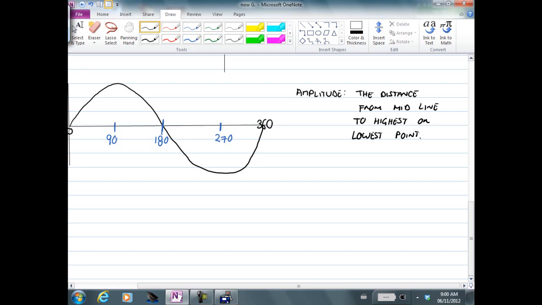Okay. The distance from the midline to highest or lowest point. The key thing, amplitude cannot be negative. Crucial. Okay? Because when I'm talking about distance, I can't go negative distance.